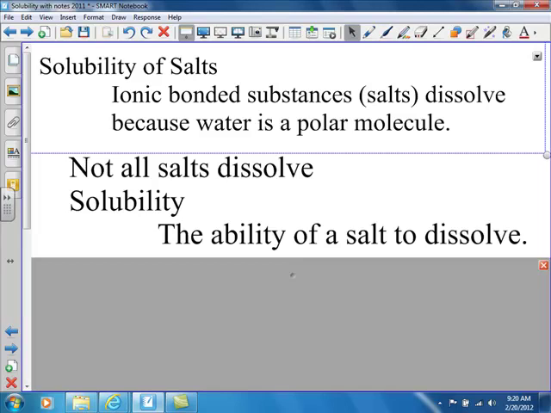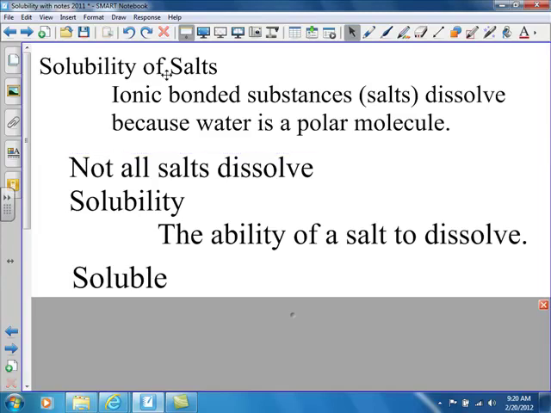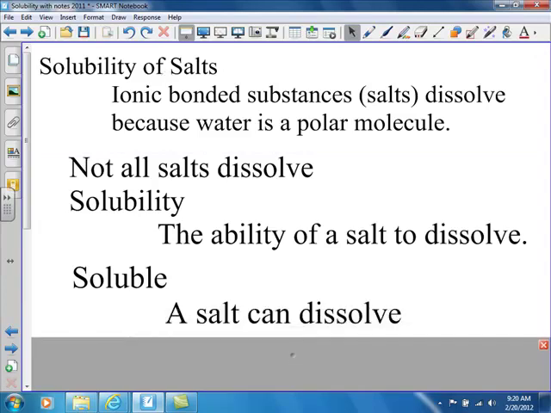And solubility deals with everyday things. When you go and you put something into water and make it dissolve, it's an everyday issue. So it's something that we should be aware of. Okay? And a couple terms that go along with this are the term soluble. And something that is soluble simply means it can dissolve.